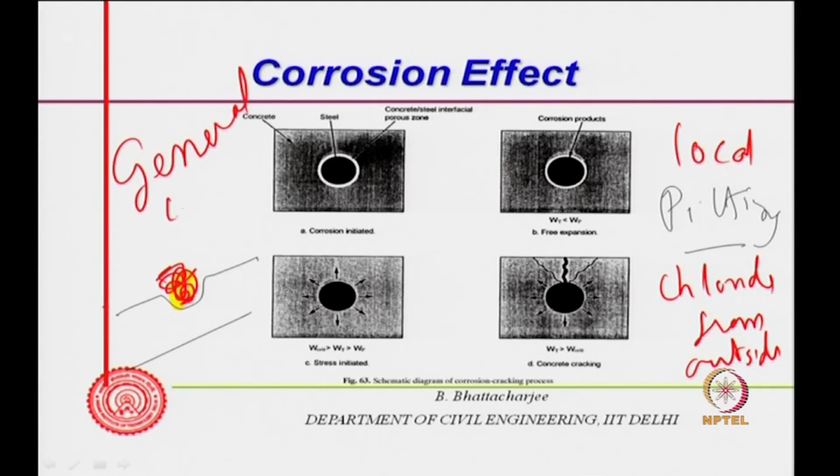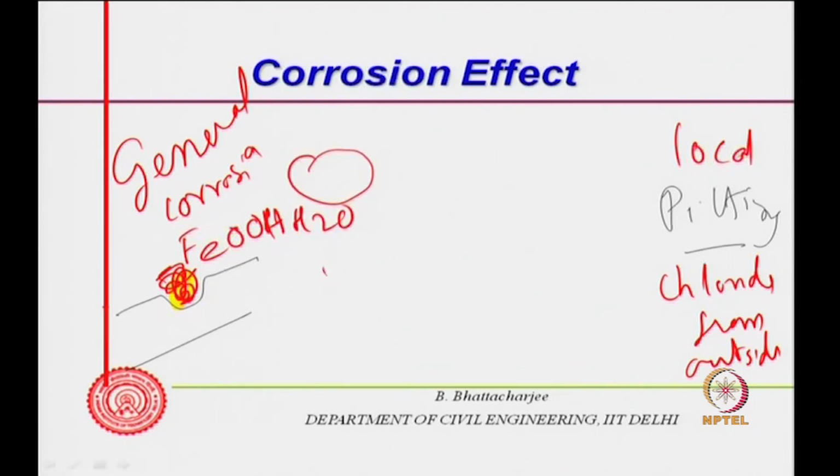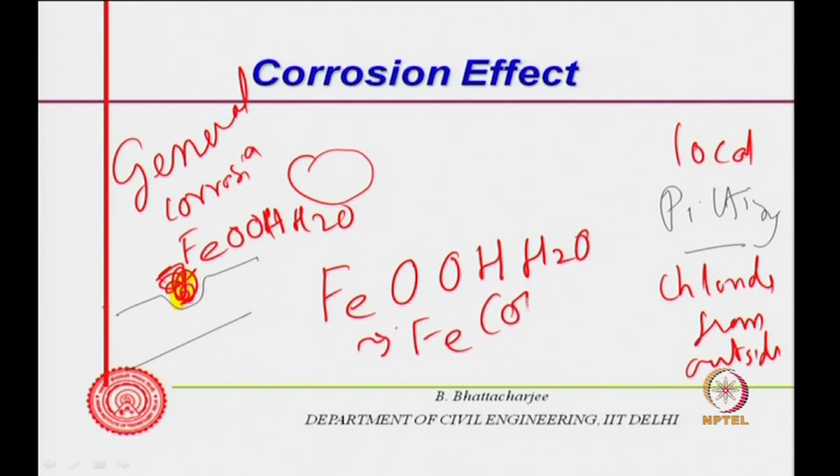In general corrosion, mass loss is not very high, but what happens is the corrosion product, particularly red rust, FeOOH·H2O, which you can write as Fe(OH)3, is red rust.